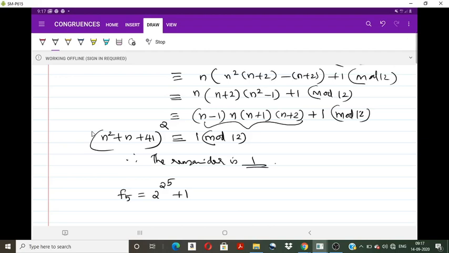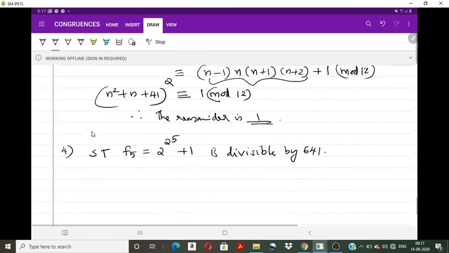Now we try to give an alternate proof using congruence relations. This is actually our fourth problem. Show that the fifth Fermat number F5 is divisible by 641.